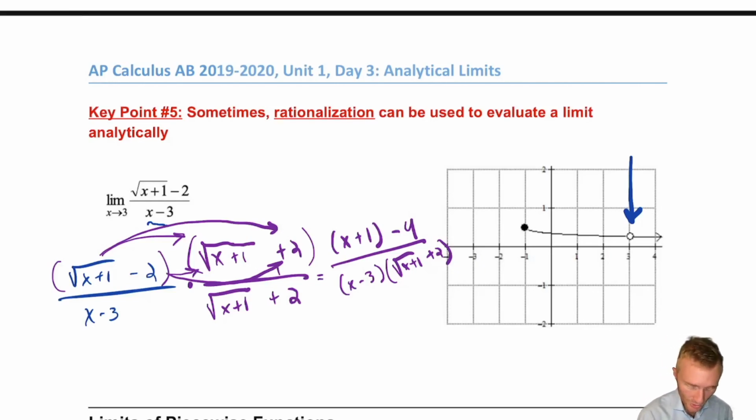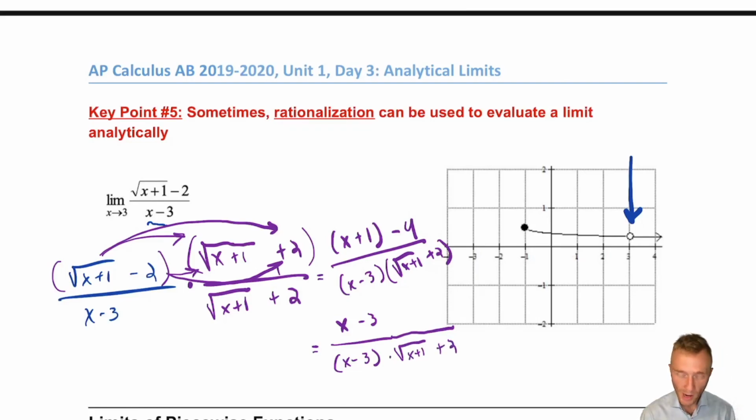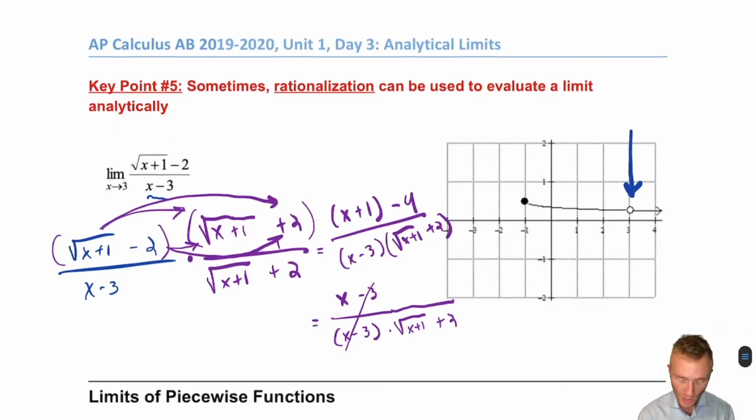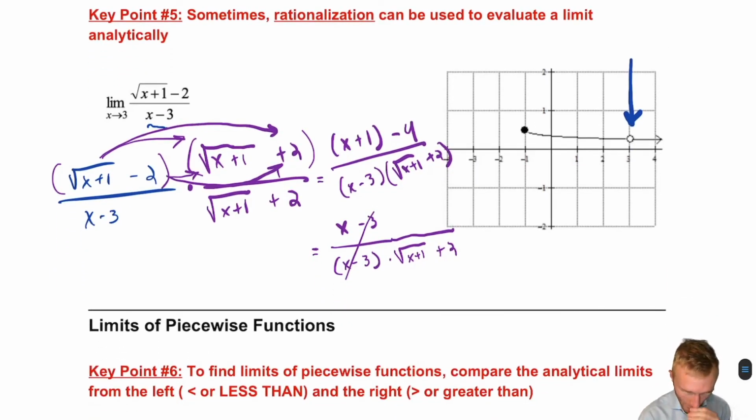Well, it turns out I did that because if you do x plus 1 minus 4, that's just x minus 3. So your x minus 3's are going to cancel, and what you're going to be left with is just the square root of x plus 1 plus 2 on the bottom.